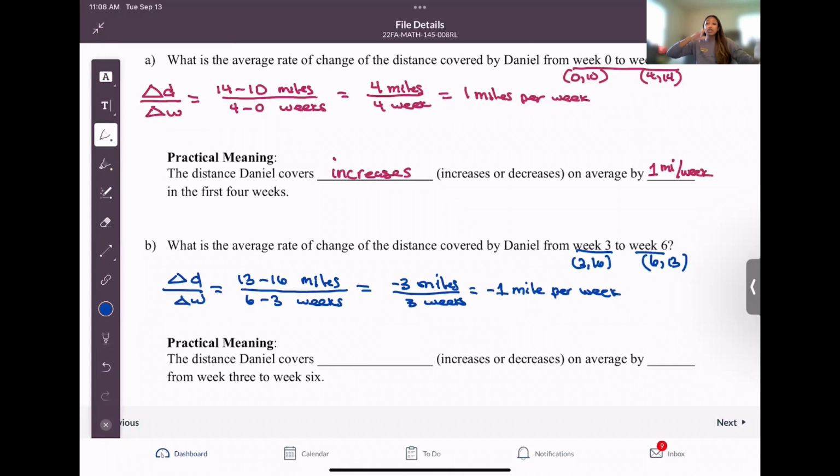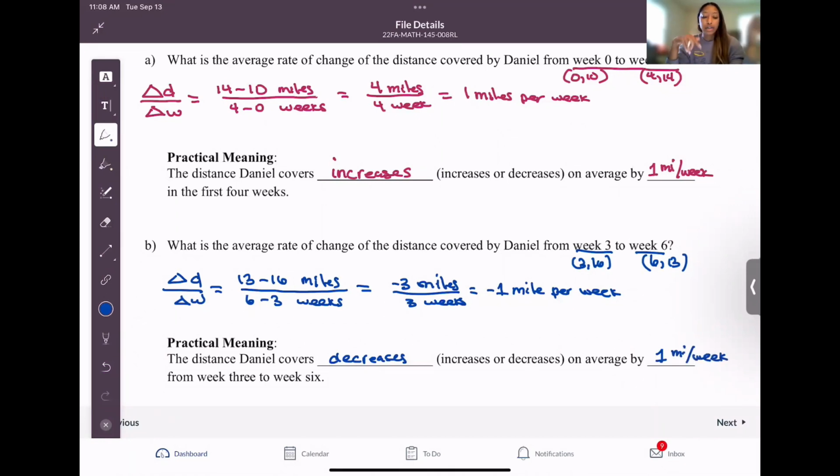So between weeks 3 and 6, it actually looks like the number of miles that Daniel does cardio for is decreasing by 1 mile per week. So the distance Daniel covers decreases on average by 1 mile per week.